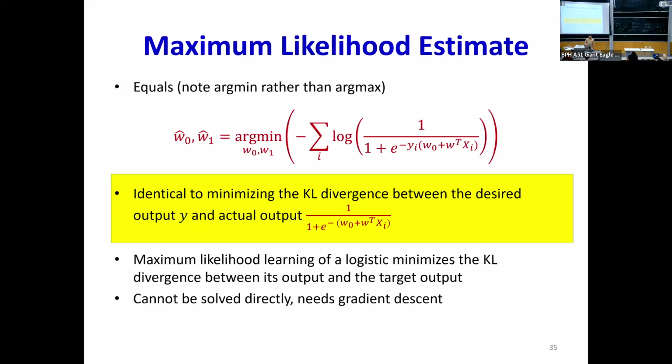So if you were training your logistic function using backpropagation and the methods that we've seen in class, what we are actually performing is maximum likelihood training of a model that does a good job of predicting the probability of y given the input x.